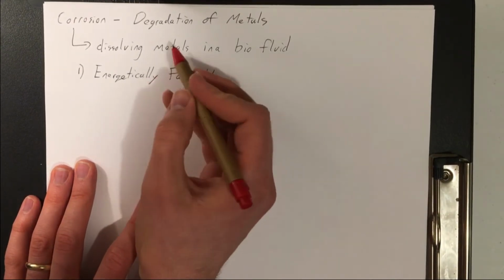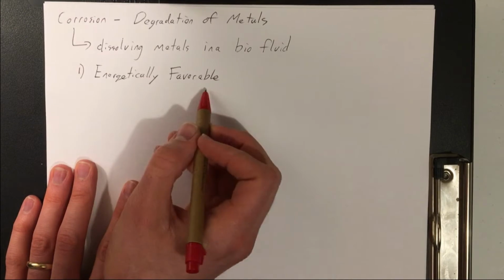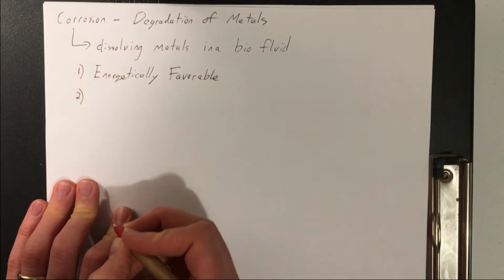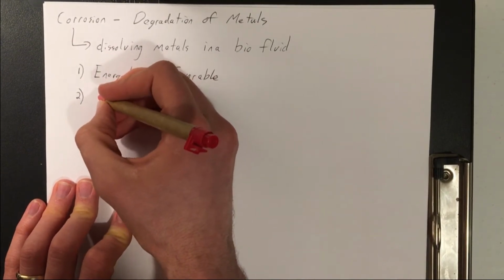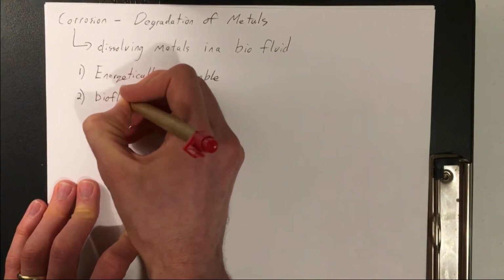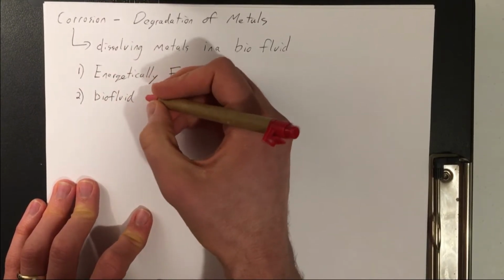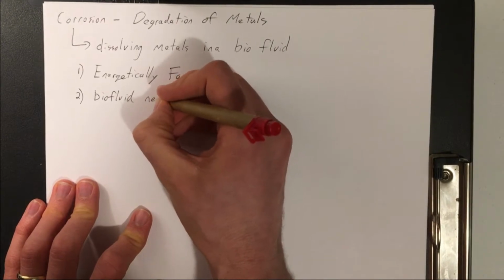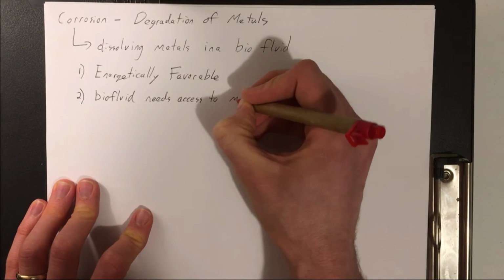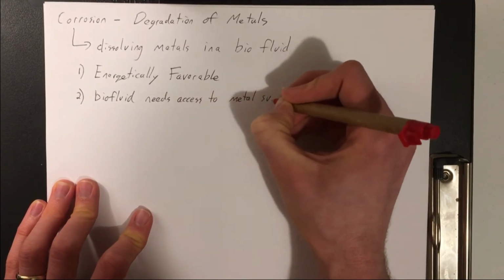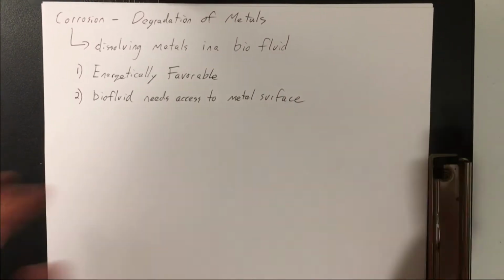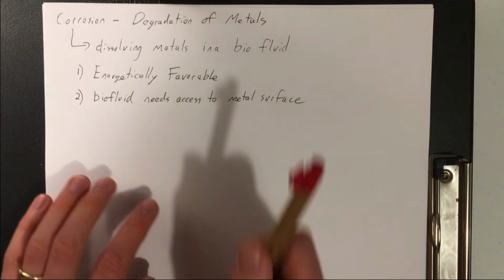So the first thing that needs to happen is it needs to be energetically favorable. And then the second thing that needs to occur is the biofluid needs access to the metallic surface. Right, so if the metal never actually touches the biofluid, then corrosion can't take place.